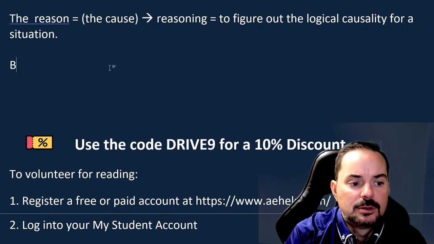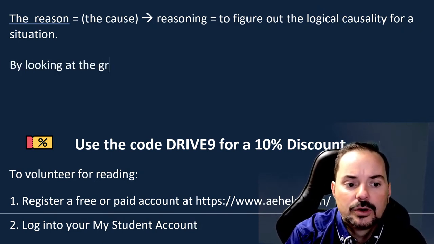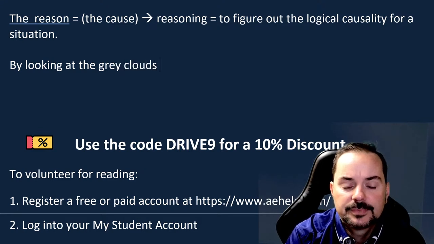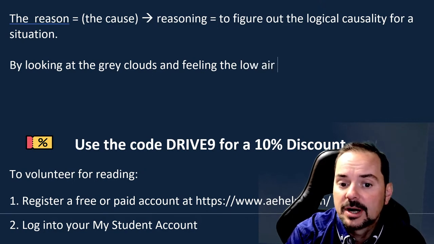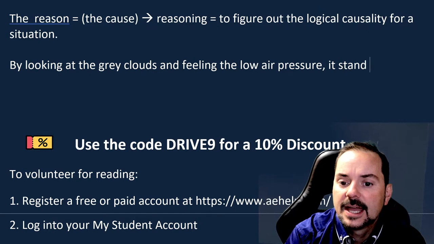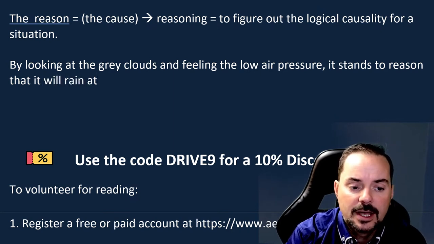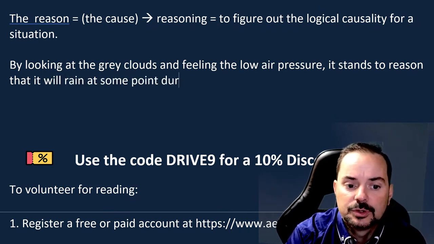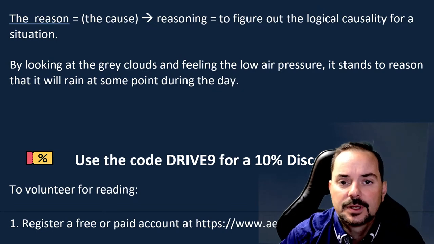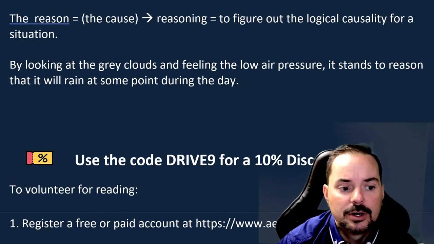I'll give you an example. By looking at the gray clouds and feeling the low air pressure, it stands to reason that it will rain at some point during the day. Just repeat that after me so you understand this second part of reason.